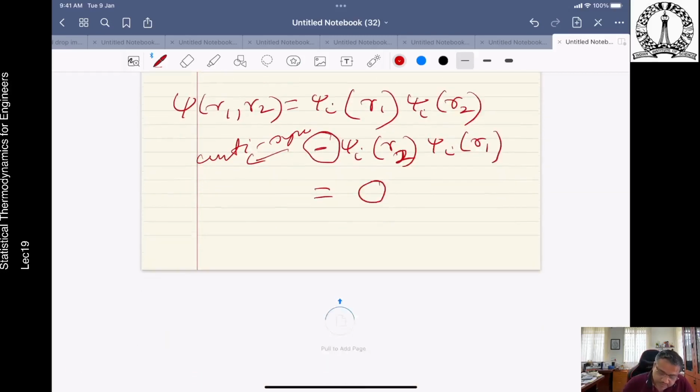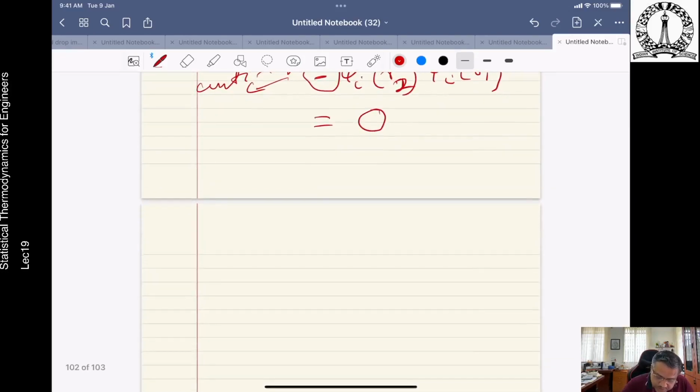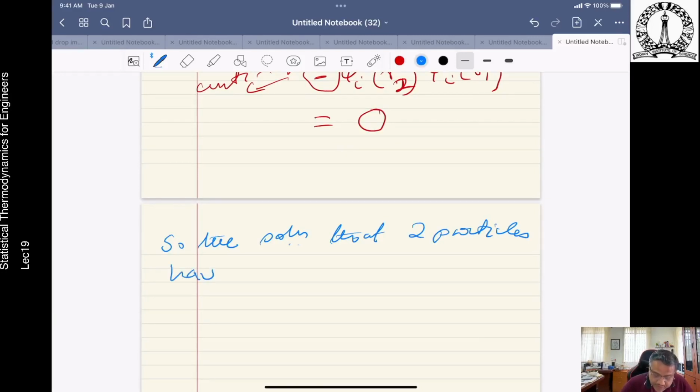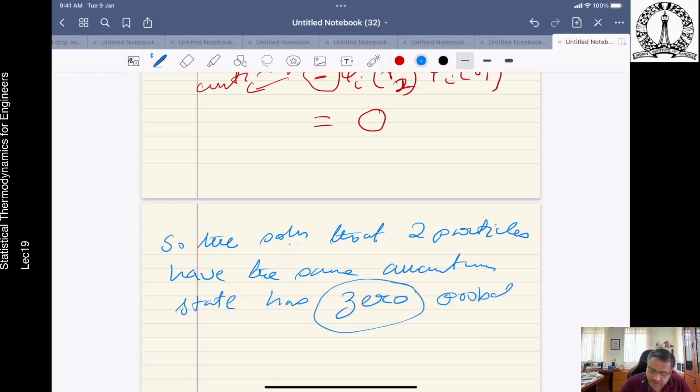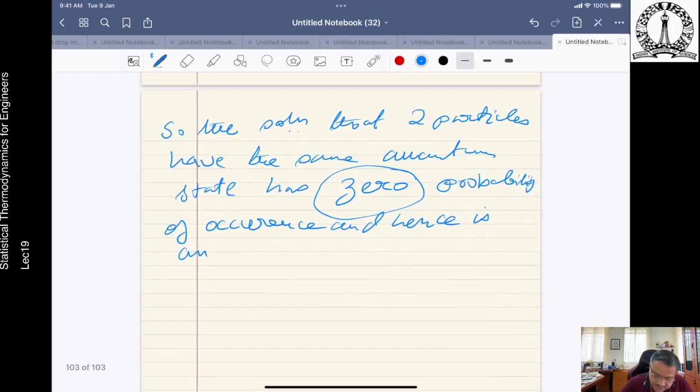That otherwise the contemplated solution, the solution that two particles have the same quantum state, has zero probability of occurrence. Hence it is an impossible solution.